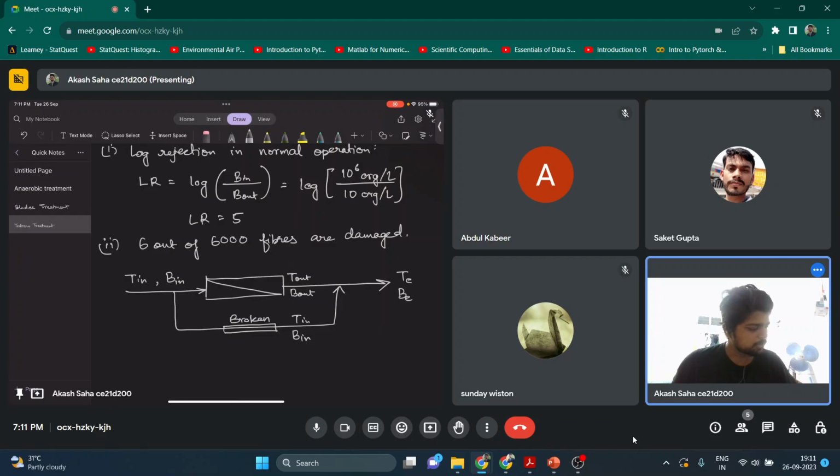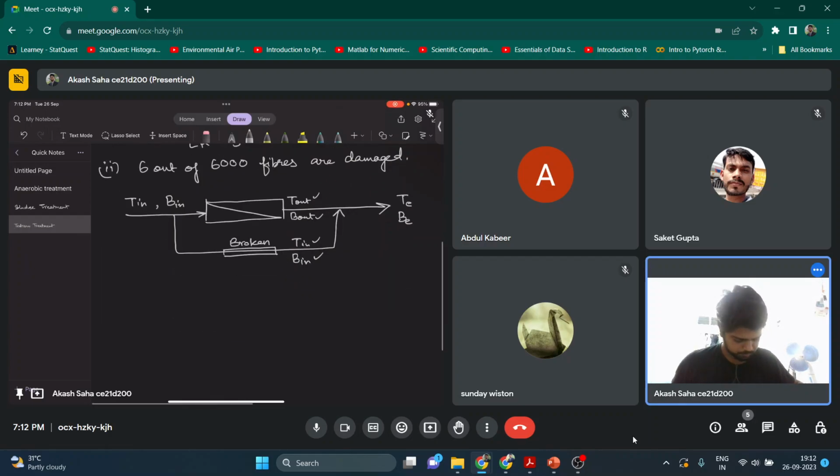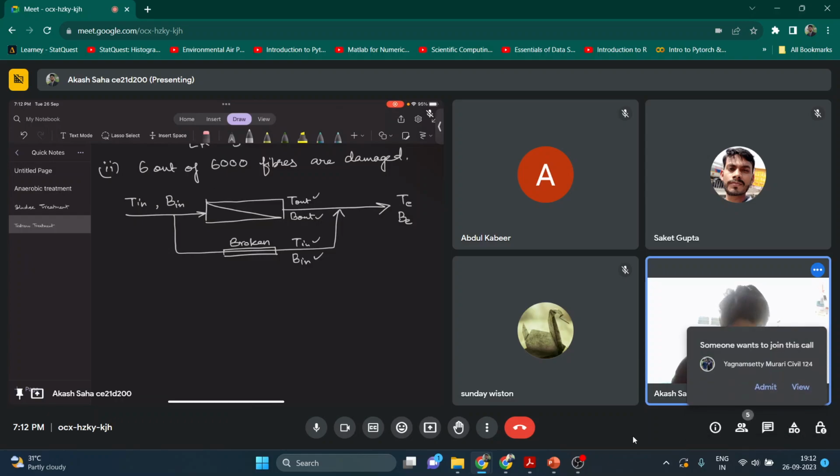But the six fibers which are damaged, the same concentration will come out, whatever we put in the input: T in and B in. When both flows come together, at last we get TE and BE. So we have to find out the new TE and BE. How will we find it?